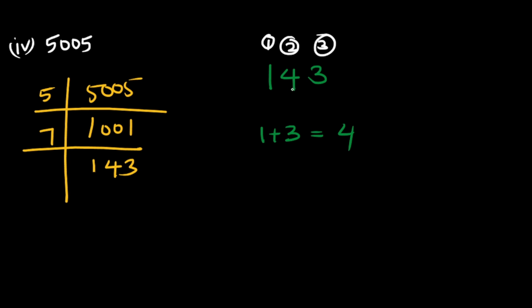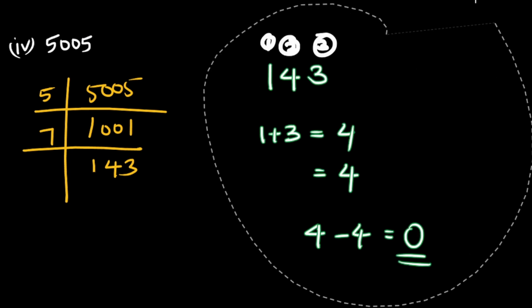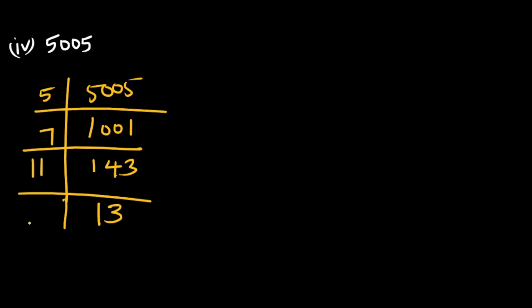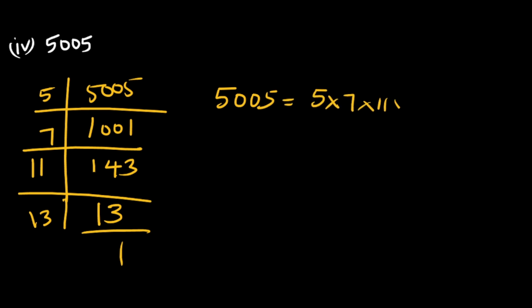And the sum of the digits of the even position: there is only one even position, so the sum is 4 itself, right? So what is the difference of 4 minus 4? It is 0. So this is divisible by 11. This 143 number is divisible by 11, you'll have 13. 13 again is a prime number. So 5005 can be expressed in terms of prime numbers, that is 5 into 7 into 11 into 13.